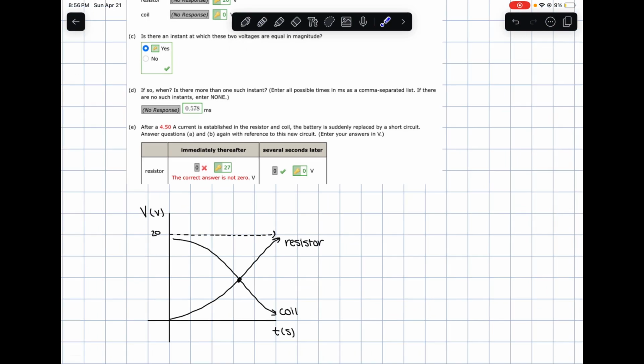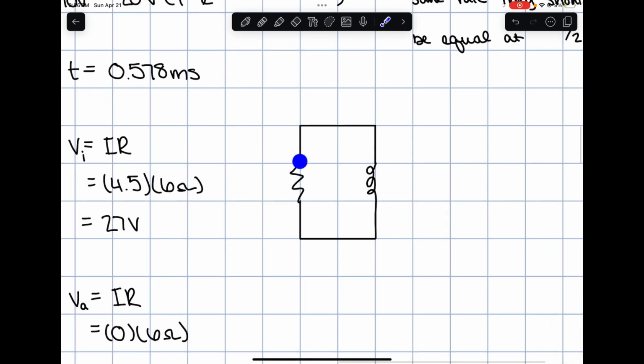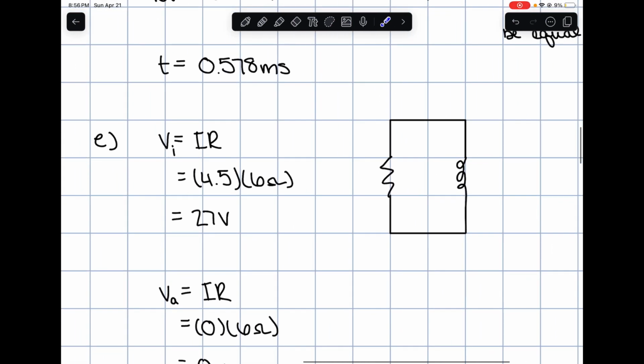We're going to see this as a new circuit with only the resistor and the inductor in a loop with an initial 4.5 amp current. Remember, since the 4.5 amp current is established, it's at steady state, meaning the EMF should only be in the resistor at that point.